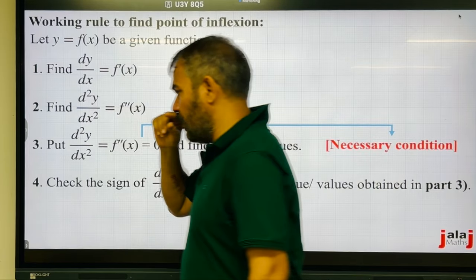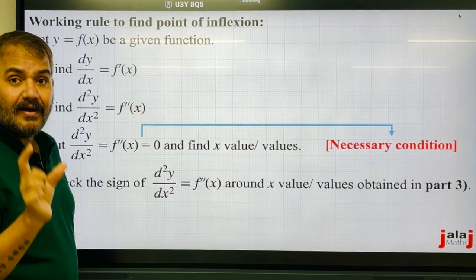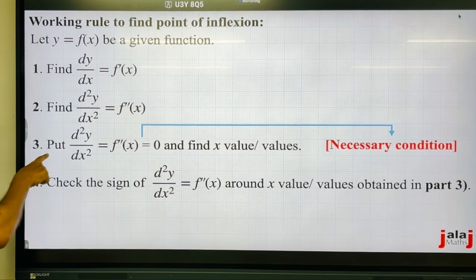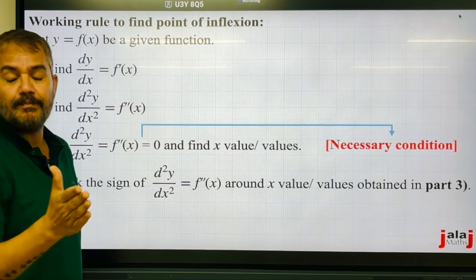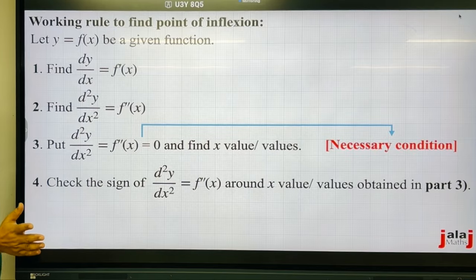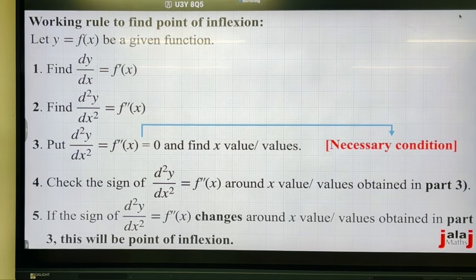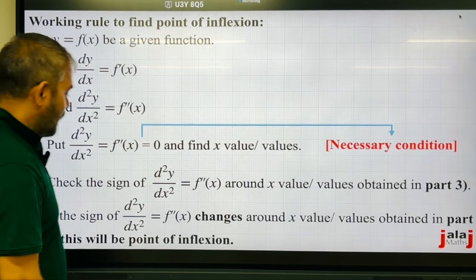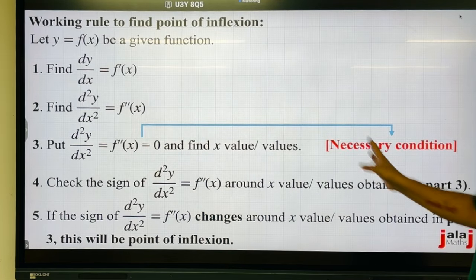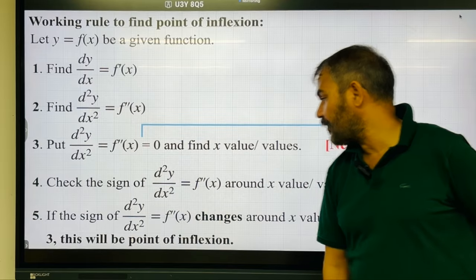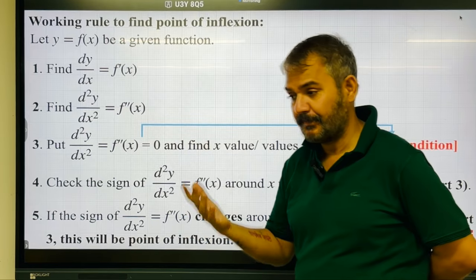So, what we do is we check the sign of second derivative around the x value or values that you obtained in number 3. If you see there is a sign change, means it is a point of inflection. If sign does not change, it is not a point of inflection. If the sign of d2y by dx squared changes around x values obtained in part 3, this will be the point of inflection or points of inflection.